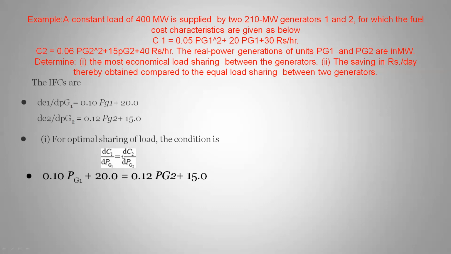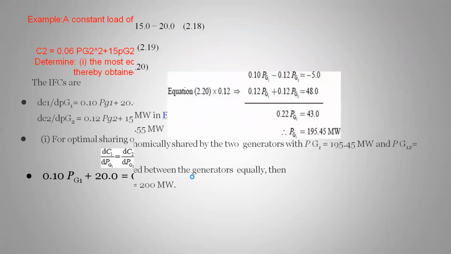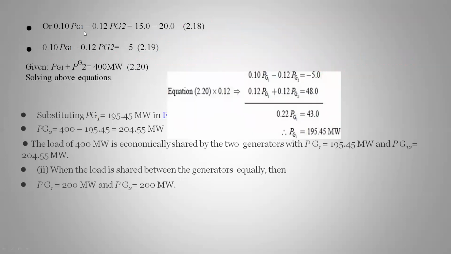So 0.10 Pg1, and the Pg2 on the right side, coming to the left side, minus 0.12 Pg2. So 15 on the right side, coming to the left side, minus 20. What else? Minus 5. 0.10 Pg1 minus 0.12 Pg2 equal to minus 5.